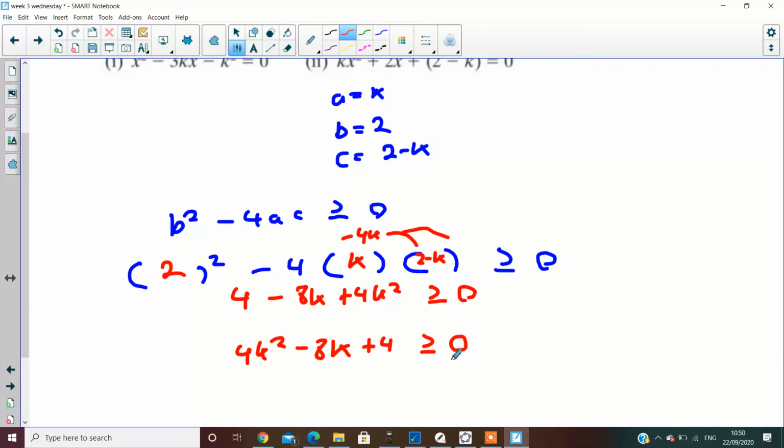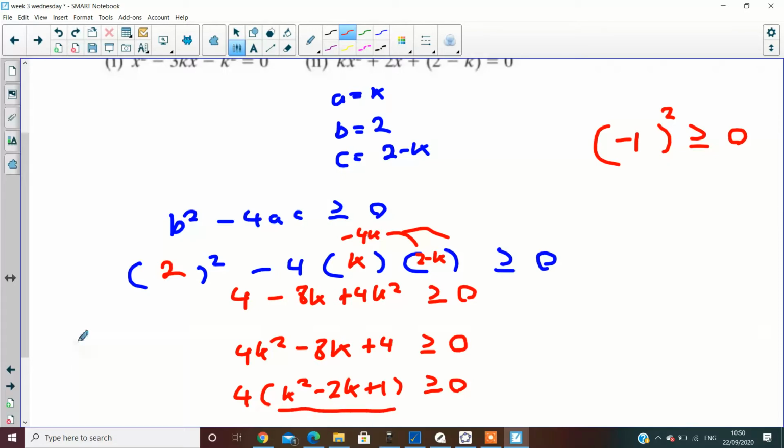I need to be able to guarantee that this is bigger than 0 for all values of k. Now, any square number is bigger than or equal to 0. Would everybody agree with that? What's 0 squared? 0. What's minus 1 squared? Any number squared is bigger than or equal to 0. So here's what we need to do here. Factorize out the 4 and what we get left over: k squared minus 2k plus 1 greater than or equal to 0.